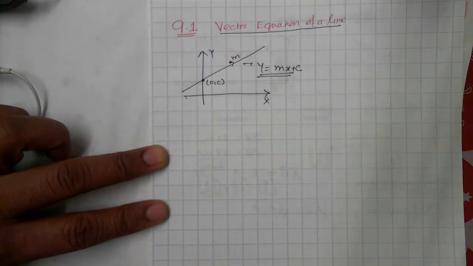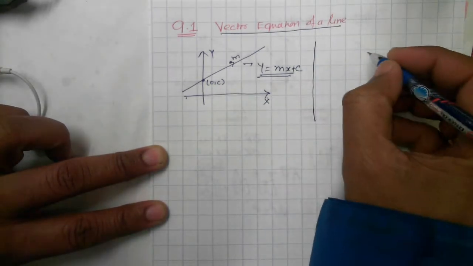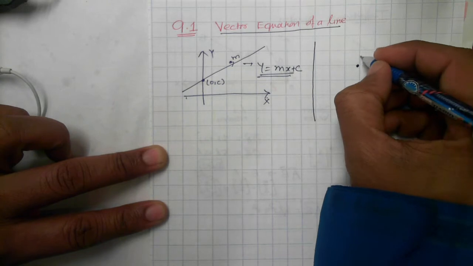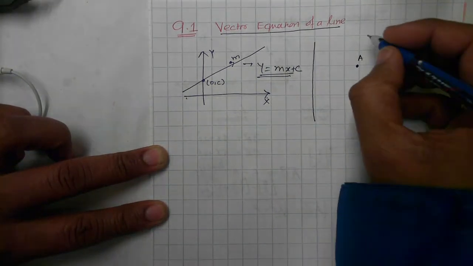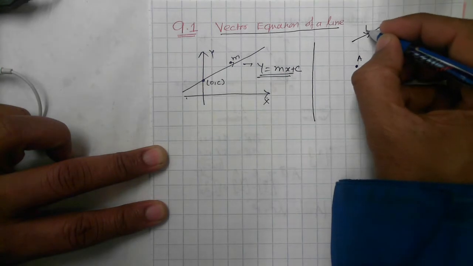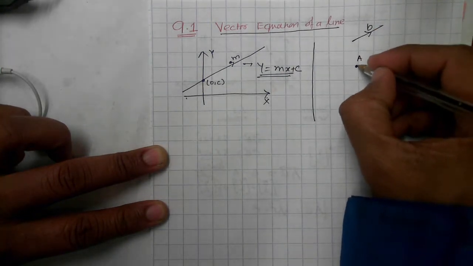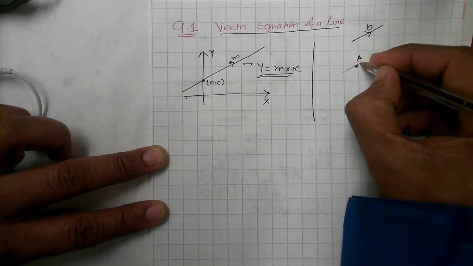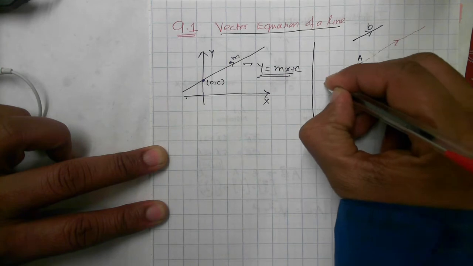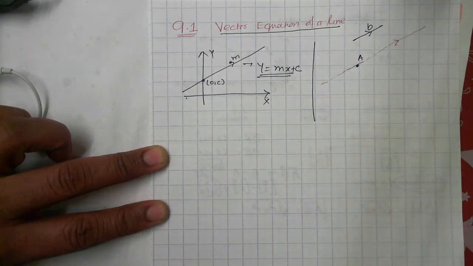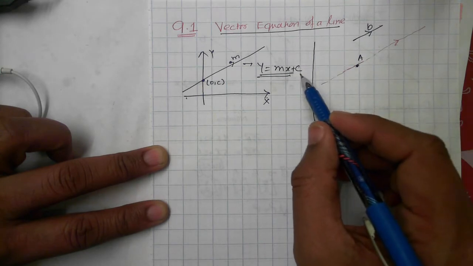For the vector equation of a line, let's say there is a point A and there is a vector B, meaning a direction B, and you're going to find the equation of a line which passes through this fixed point and is parallel to that vector. The direction is equivalent to the gradient there, and the fixed point is equivalent to the y-intercept there.